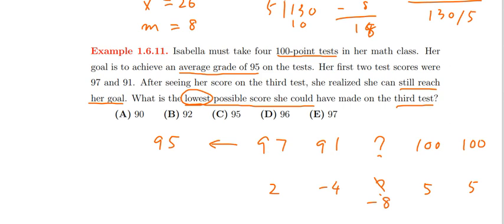Right? Okay, so this means the lowest score can be 95 minus 8.